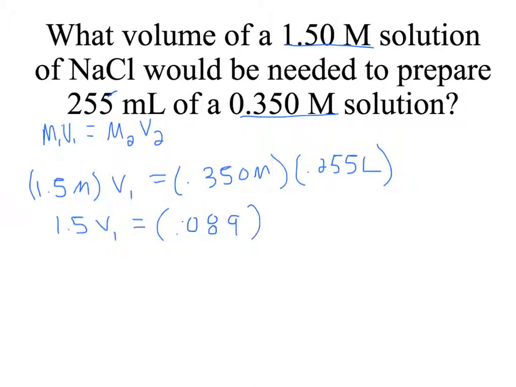Now we're going to do some more math, so we end up with V1 equals 0.0595 liters, which is otherwise known as 59.5 milliliters. Ta-da! And there's our next problem.